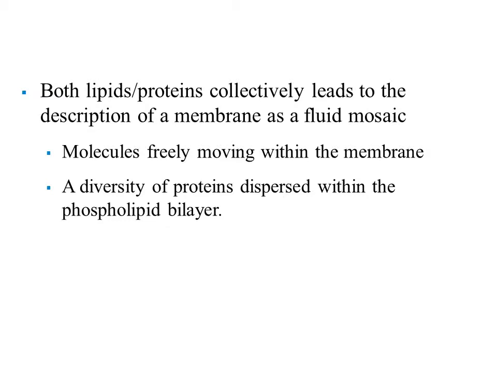The proteins are moving. So that is where they get the term fluid. Mosaic means this distribution of cholesterols and glycolipids and proteins and peripheral proteins versus integral proteins. All of that is just randomly dispersed in the membrane. So therefore they call it the fluid mosaic model.